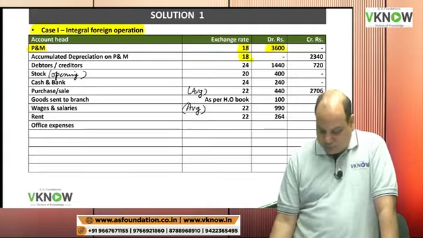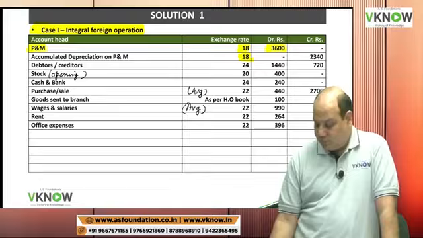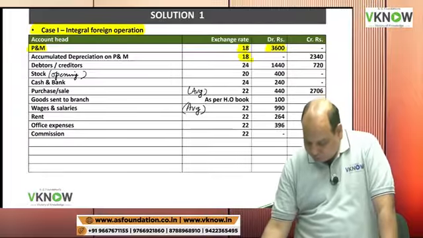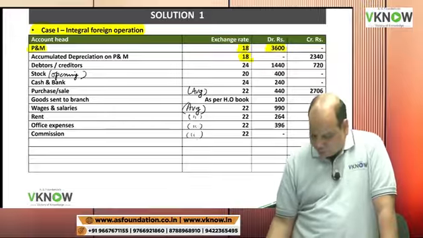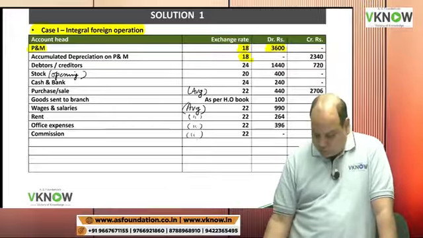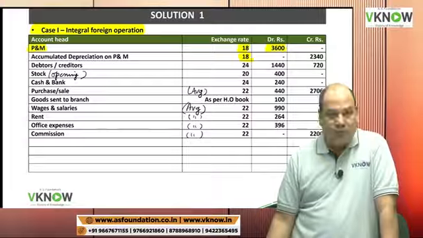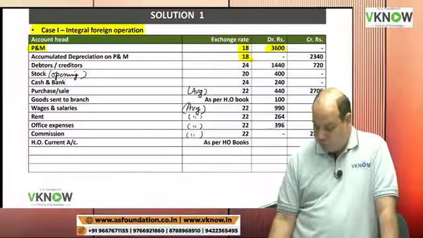Office expenses, again average, 22 into 18, 396. Commission, again average. All these income and expense items are at average. Commission receipt means it is an income. 22 into 100, 2000.